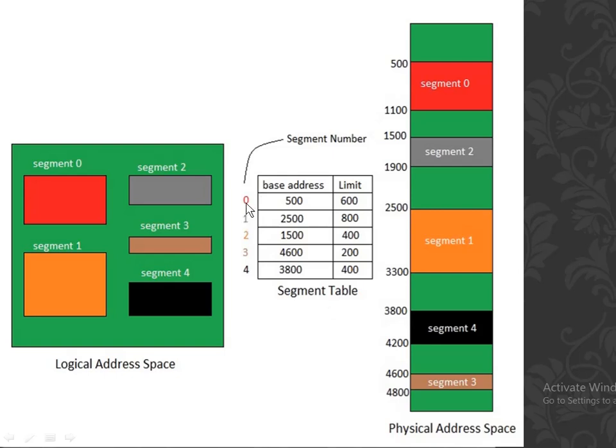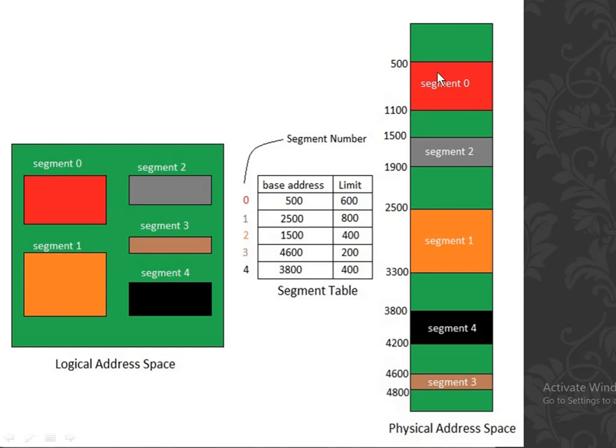Here, 500 is the starting address of segment 0, and the limit column contains the range. The range of this is 600, since 1100 minus 500 is 600. So segment 0 data will be stored in this.